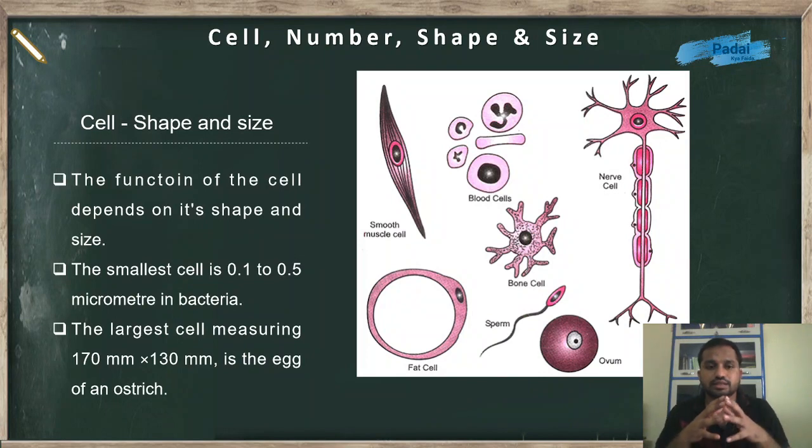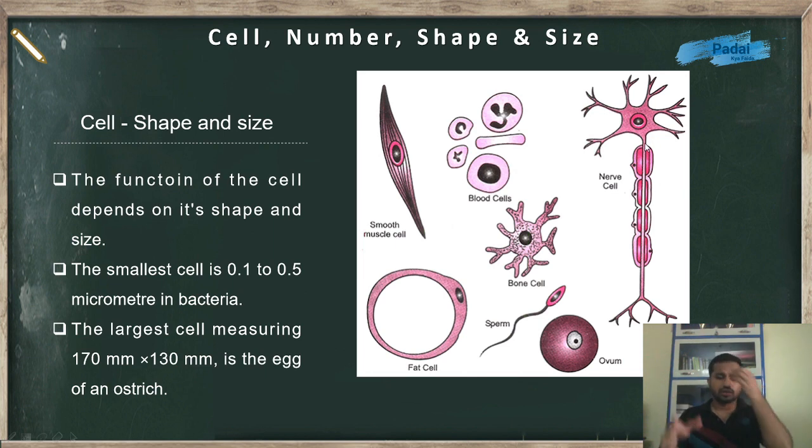Now let us discuss how the size and shape of the cell depends on the function of the cell. Example, here you can see the muscle cell, the smooth muscle cell, which is spindle in shape, elongated with narrowed edges. It is totally different from the nerve cell. When you see the nerve cell, it has branches and axons.